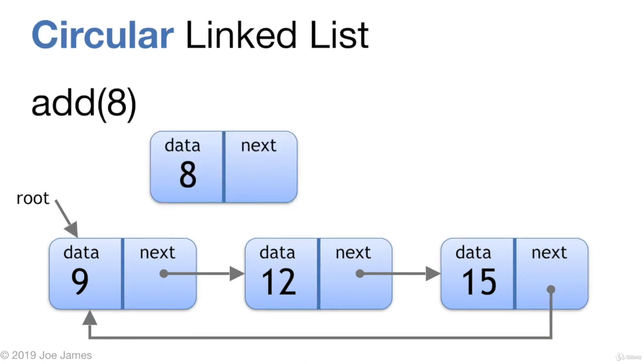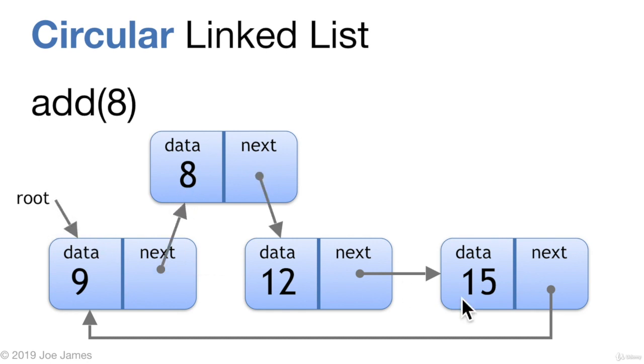The add operation in circular linked lists works slightly differently. Because we have this loop back to the first node from the end node, we'd rather not have to go back and update that every time we insert a new node. So we don't insert the new node as the root node anymore. Now instead we're going to insert it as the second node.